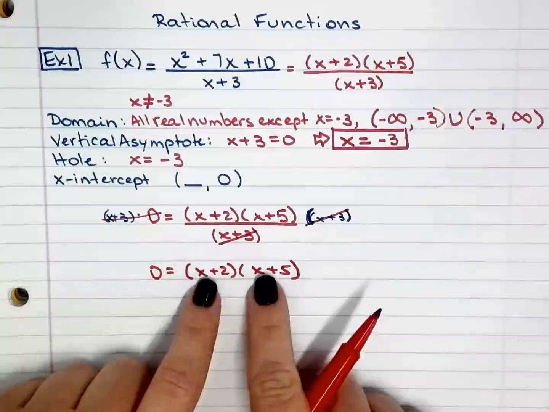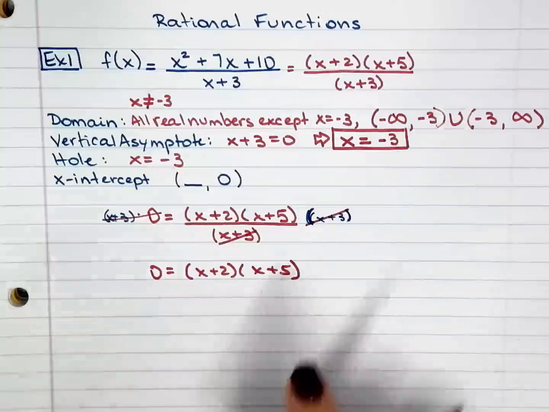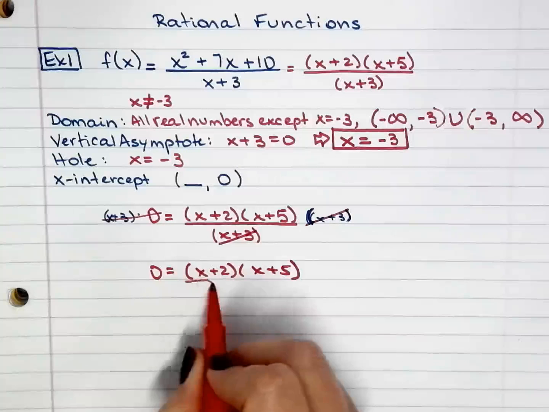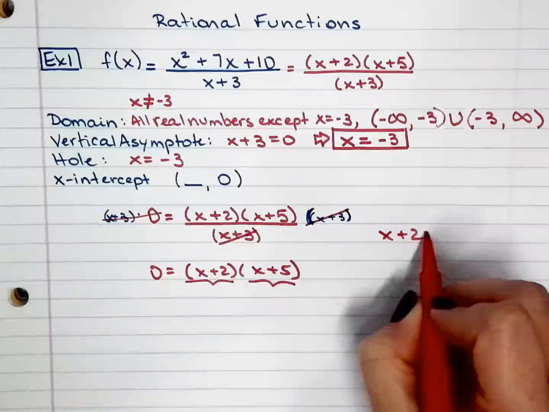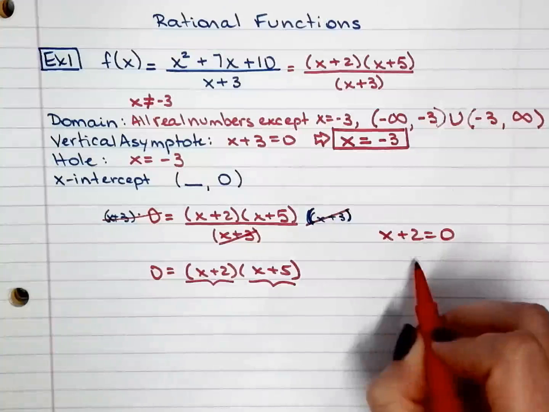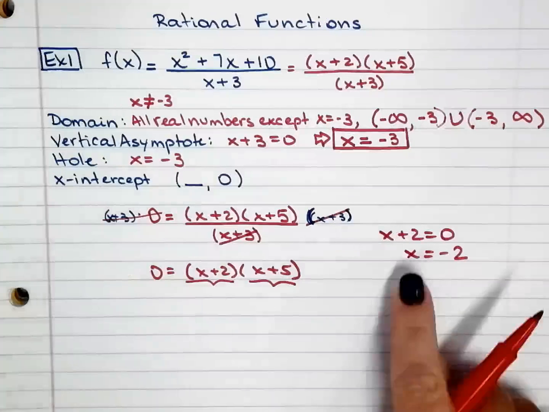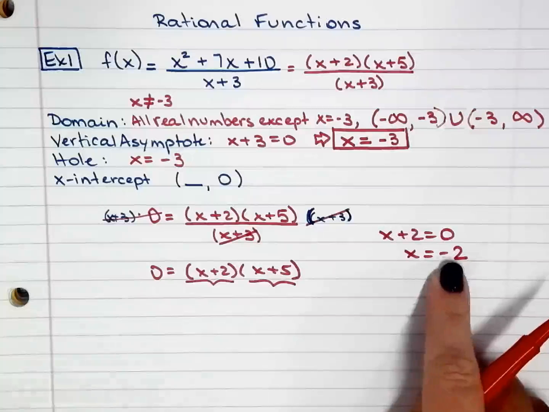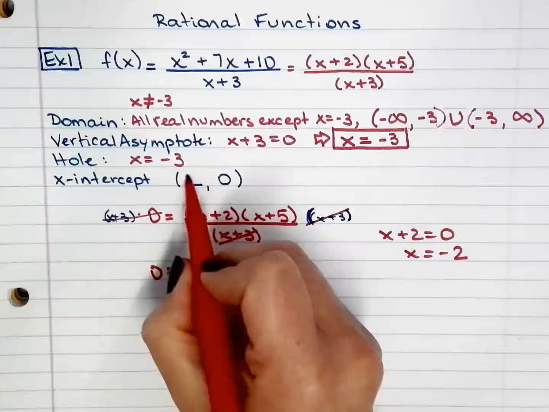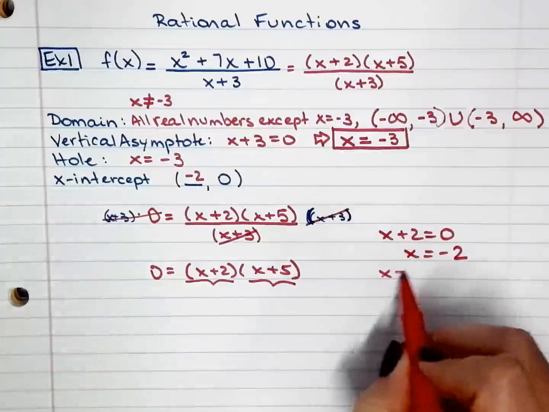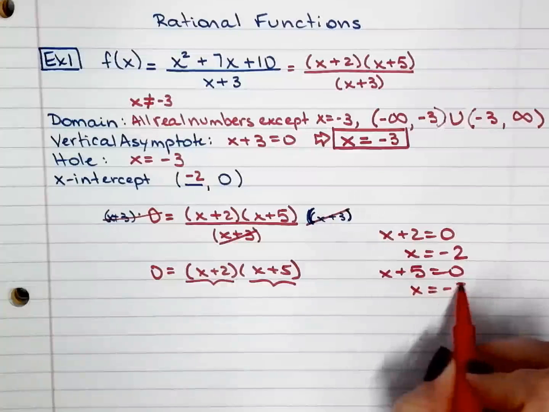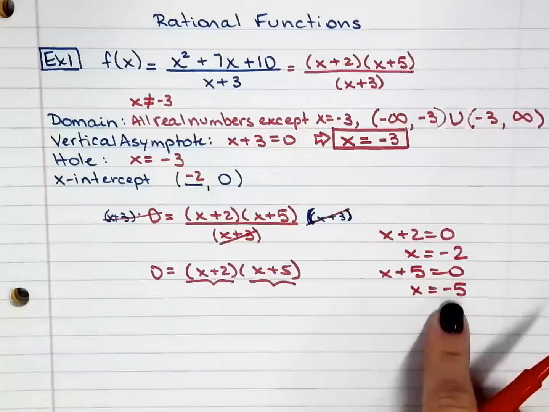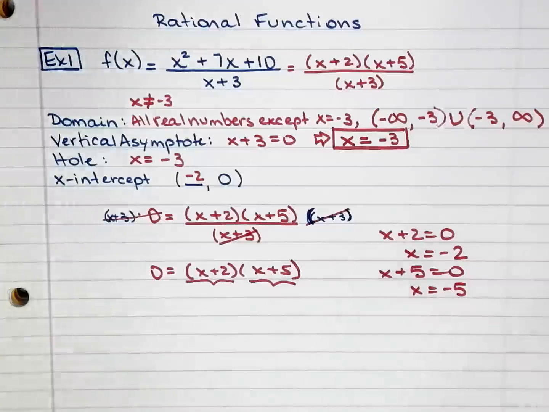Now I will set each factor equal to 0 and solve. So this is a factor, this is a factor. So I have x plus 2 equals 0. You minus 2 on both sides. You have one x-intercept is -2. The other one is x plus 5 equals 0, minus 5 from both sides. You have x equals -5.